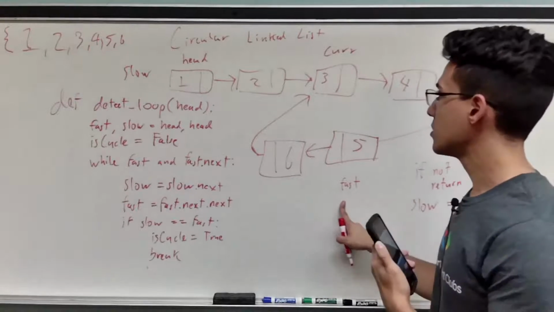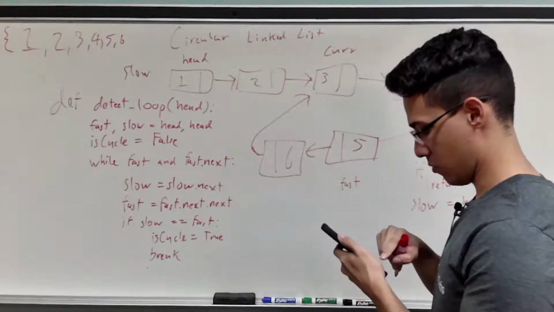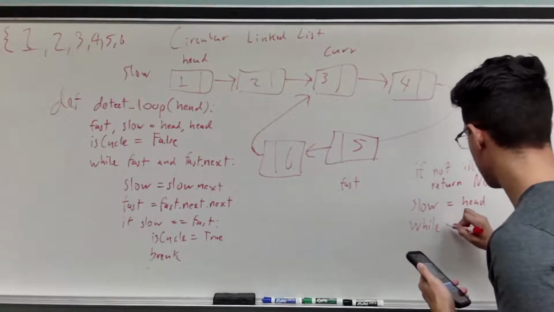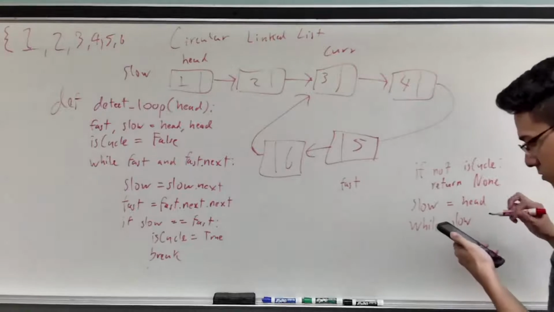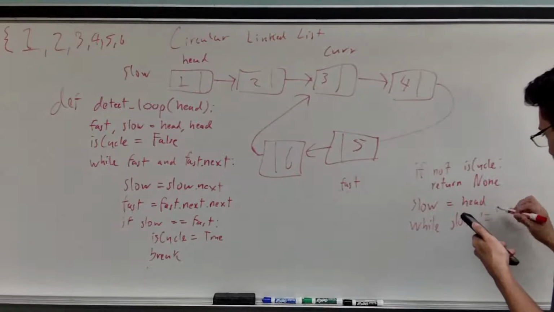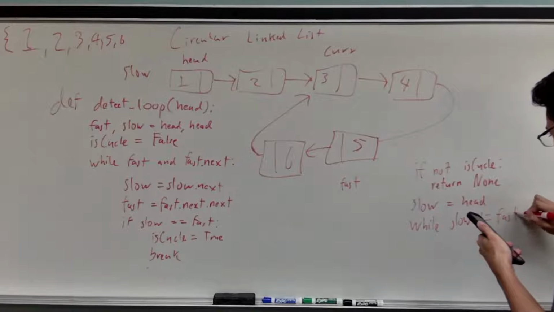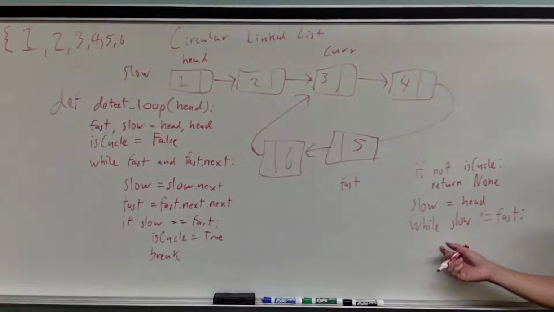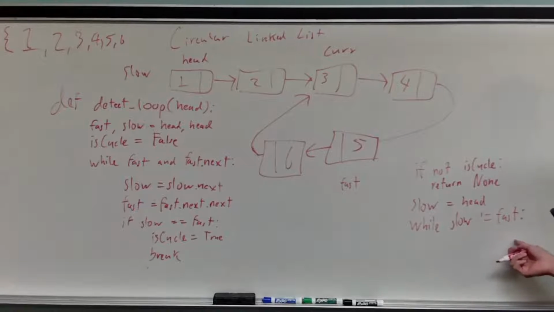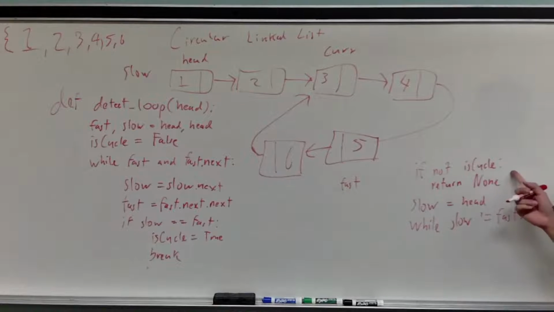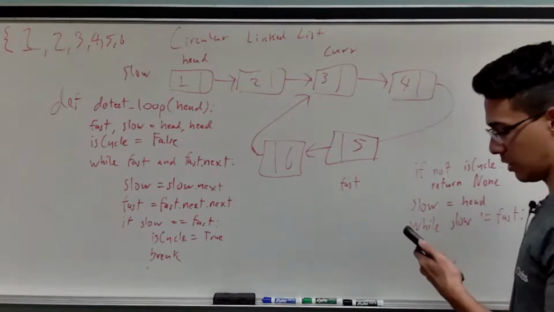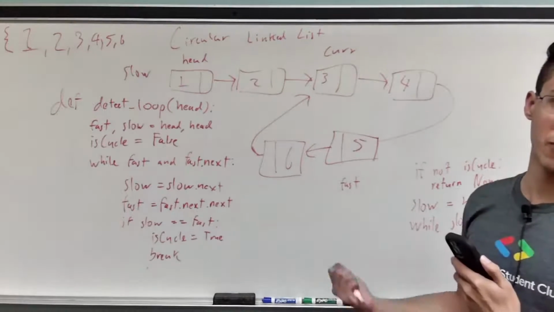Then we check slow is not equal to fast. That's the only check we do. We don't have to check whether they're null or not because we just checked that there's a cycle. So we can do dot next and not worry about getting null.